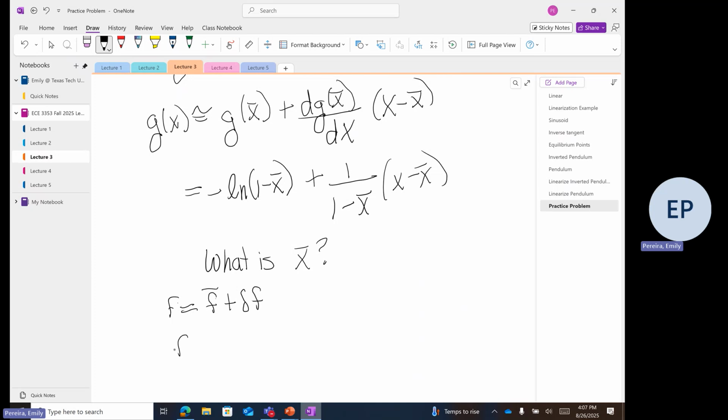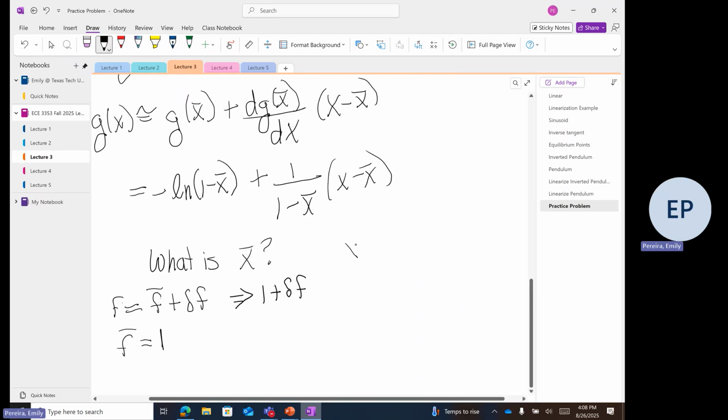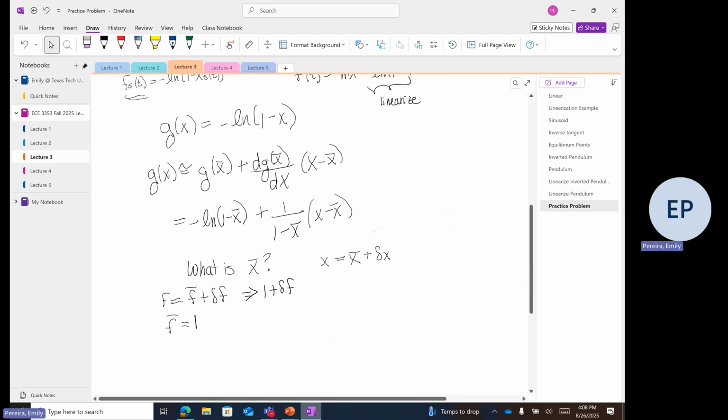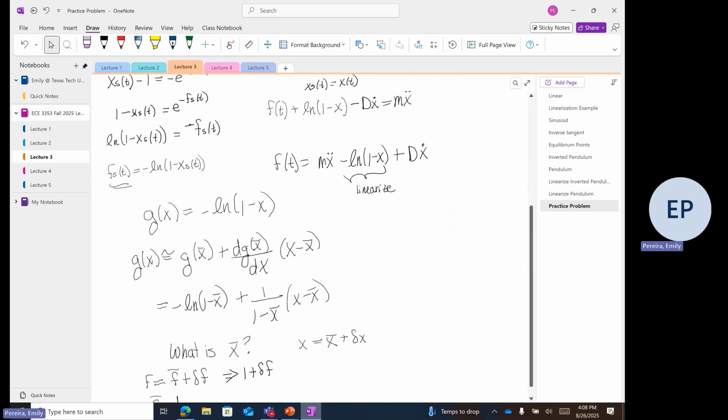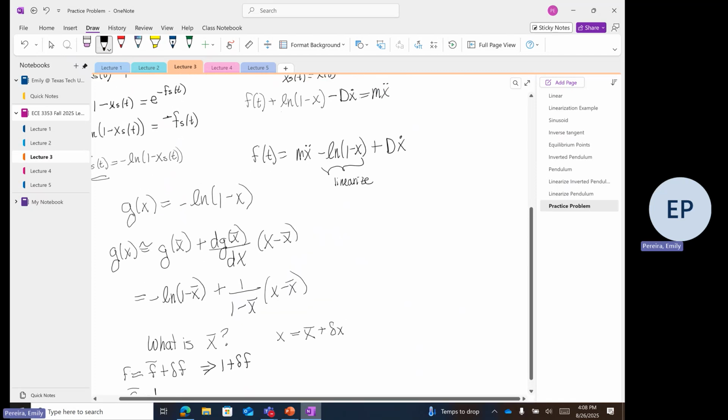And we're told that f bar is equal to 1. So f is actually 1 plus this delta f. And x is equal to x bar plus some perturbation around x. Okay, so we can start to replace these terms by their delta terms.